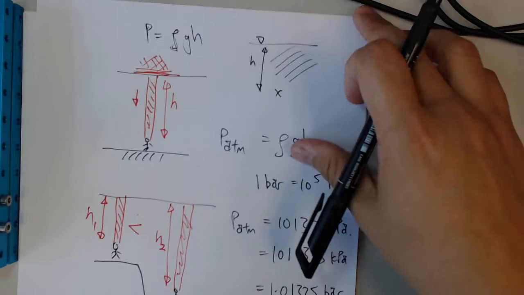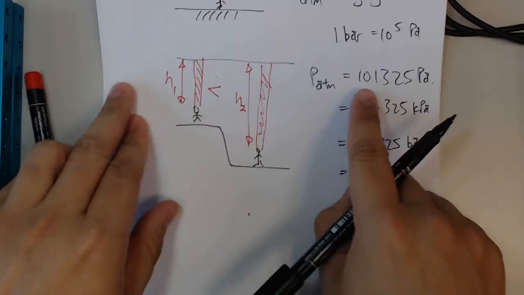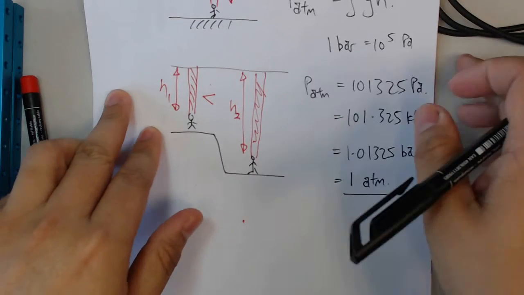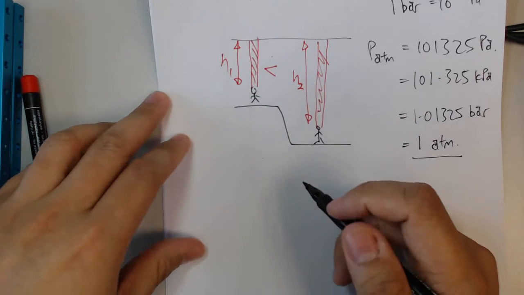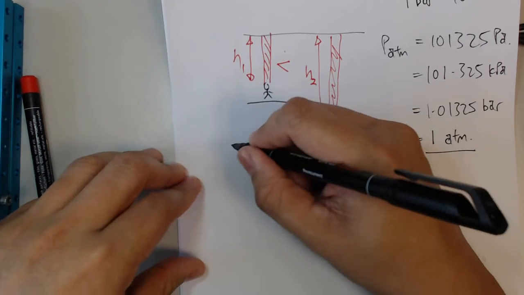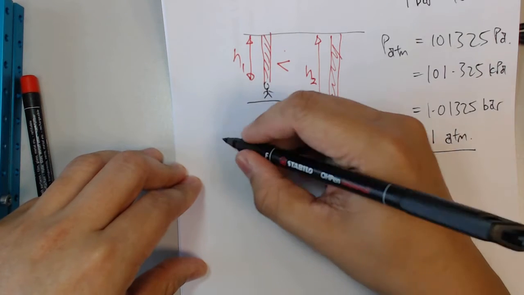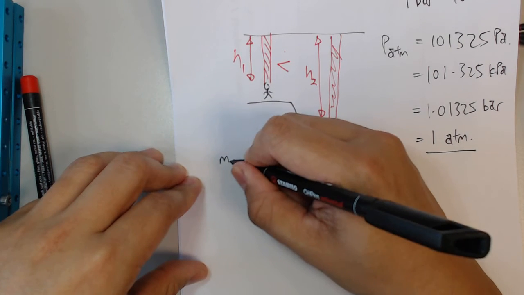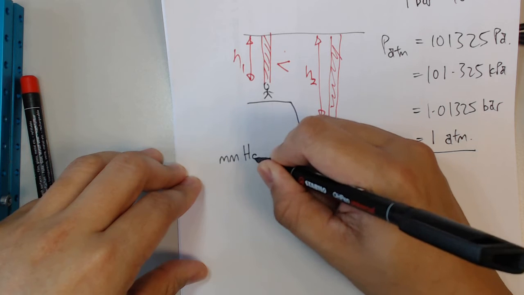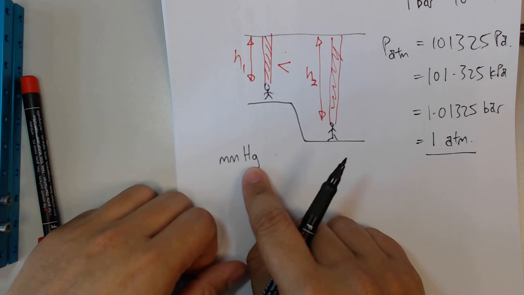We also talked about pressure head previously. So how can we convert the pressure in pascals into a pressure head? A very common unit used by the scientific community is mm of mercury, where Hg is the chemical symbol for mercury.